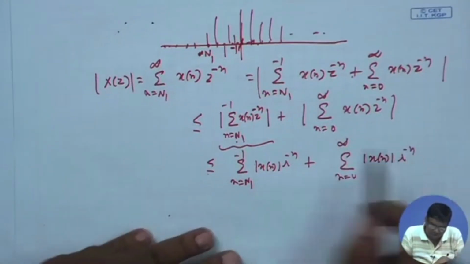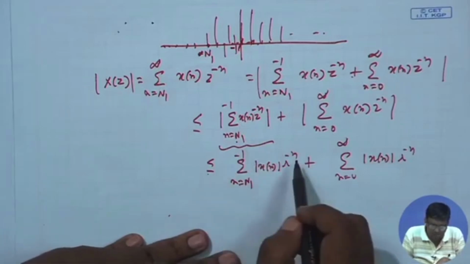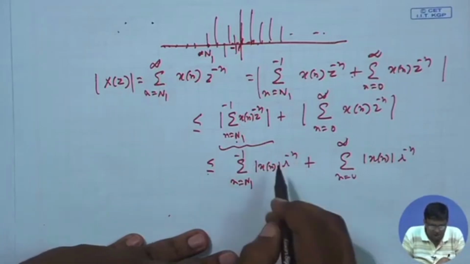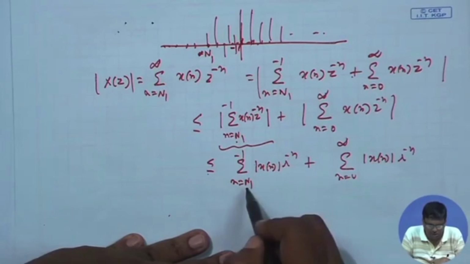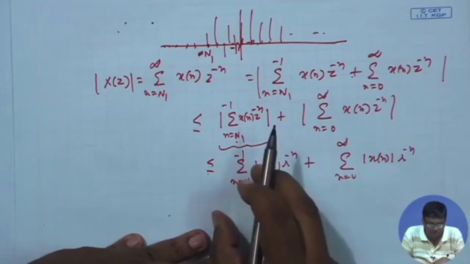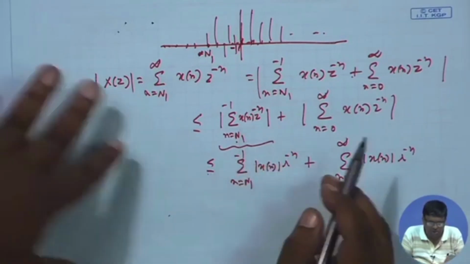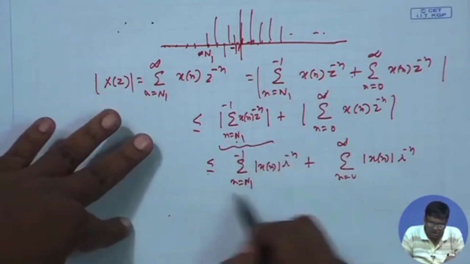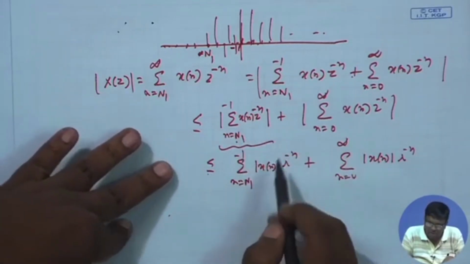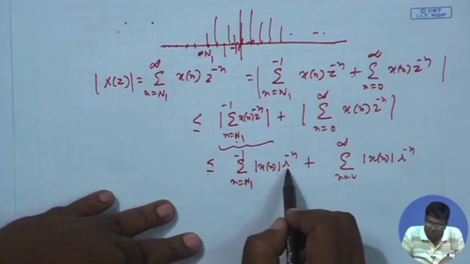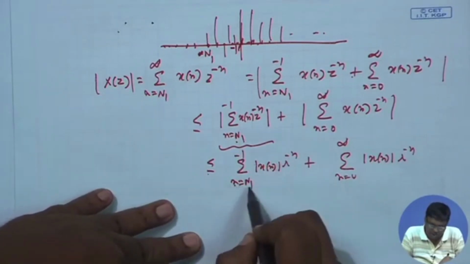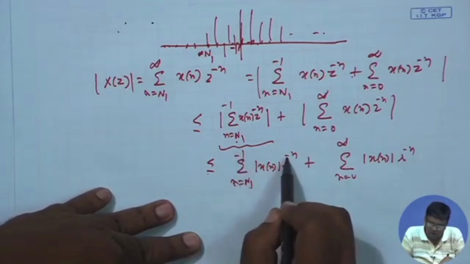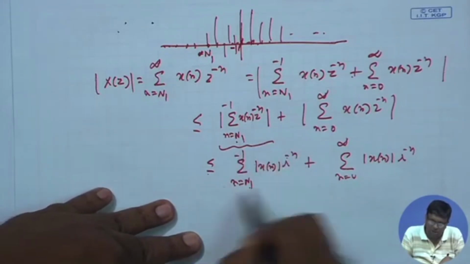All right. This summation is always finite, as we have seen. It is like a finite duration sequence from n 1 to minus 1, only a finite number of points in this summation. So, this will always exist for any r except for r equal to infinity, because n is taking negative values here, whereas here it is positive. So, r infinity means it will diverge.